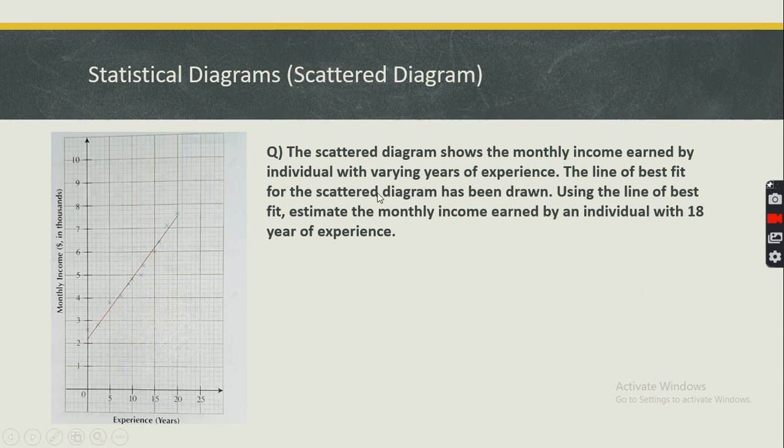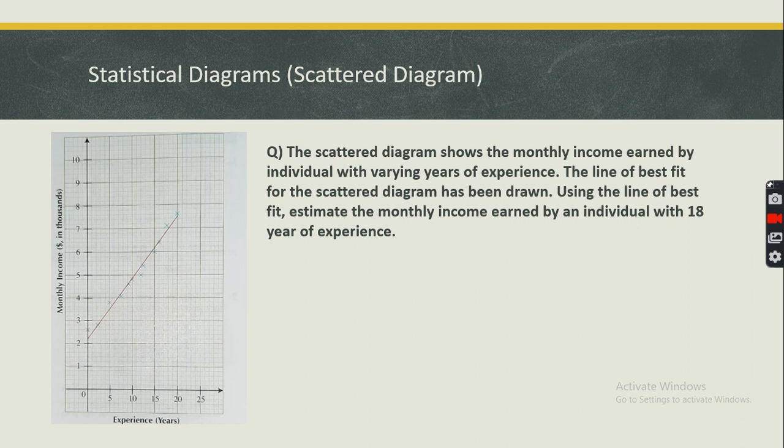The line of best fit for the scatter diagram has already been drawn. Using the line of best fit, estimate the monthly income earned by an individual with 18 years of experience. This word is very important, that we are estimating our results in this data, because we know that the salaries of every employee, depending upon their experience, are not equal.